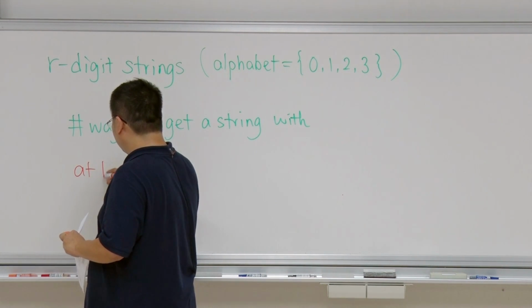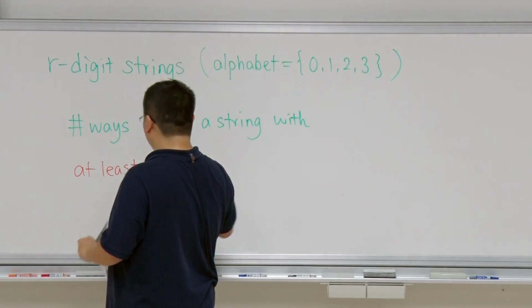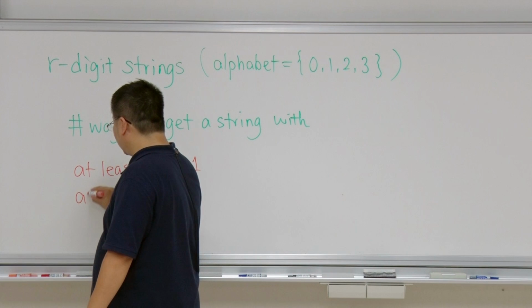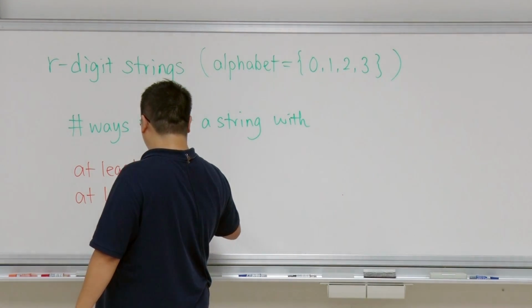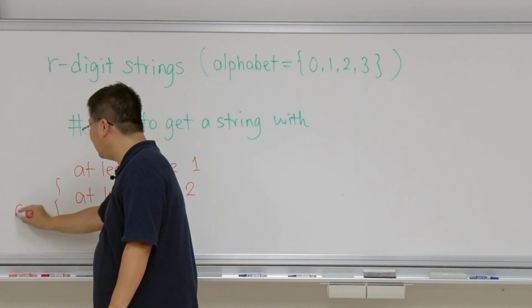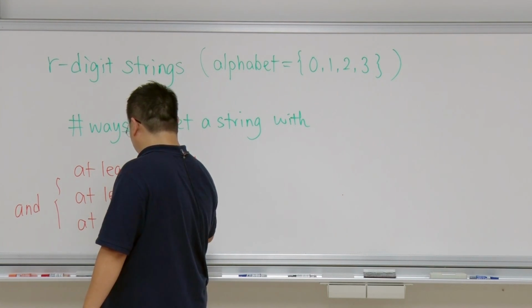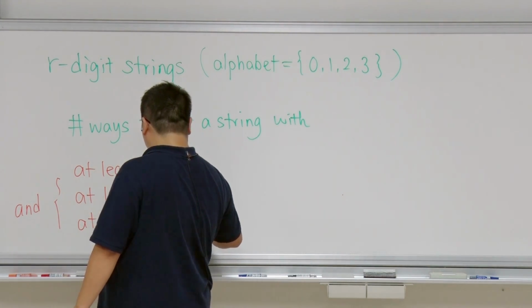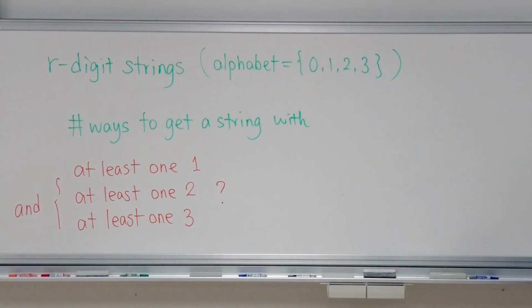At least one 1, at least one 2, and at least one 3. So how many ways to get a string that has this property? At least one 1, at least one 2, at least one 3.